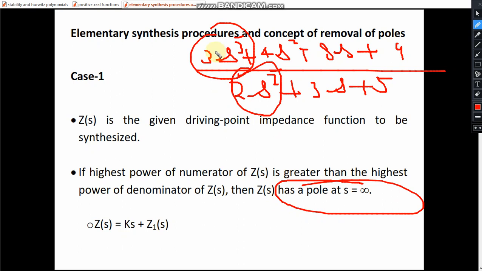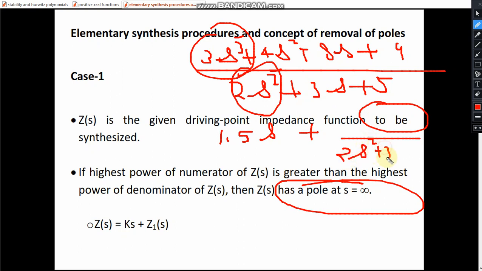Now if I divide this by this, it will come out to be 3 by 2, which is 1.5, so 1.5 s plus something upon 2s square plus 3s plus 5. Actually, this is just an example. I don't know whether this function is a positive real function or not.